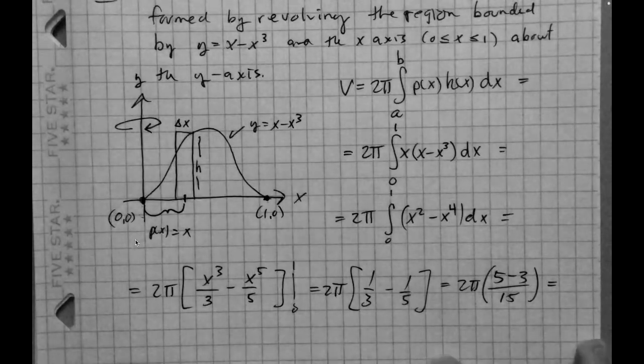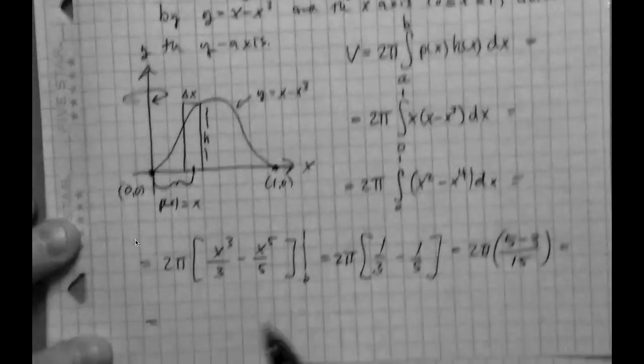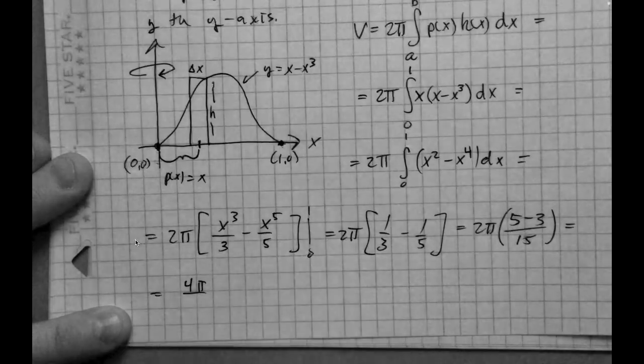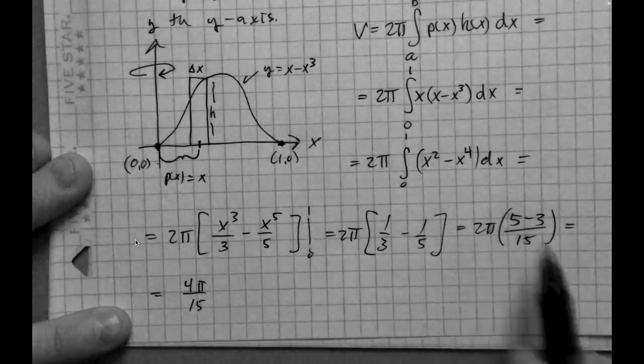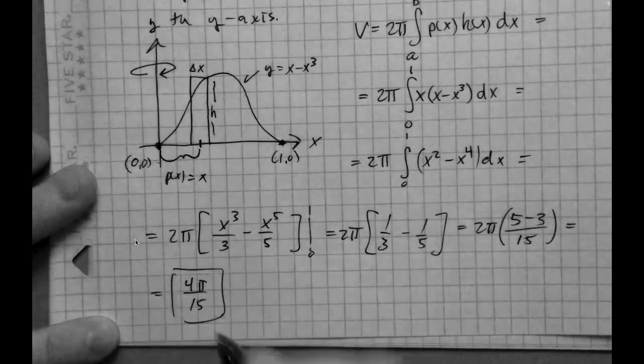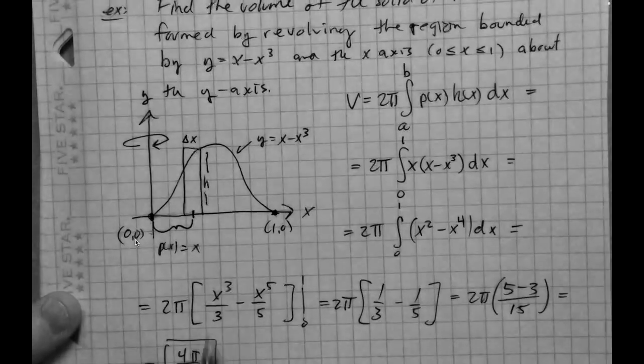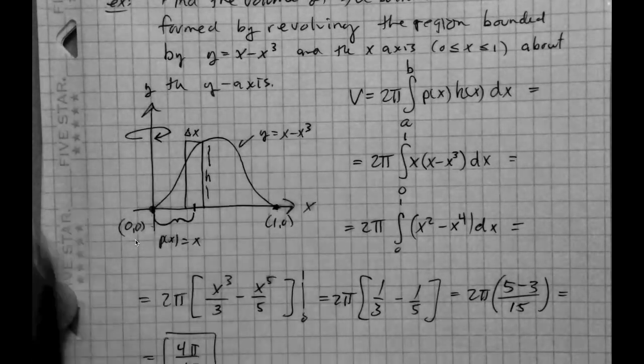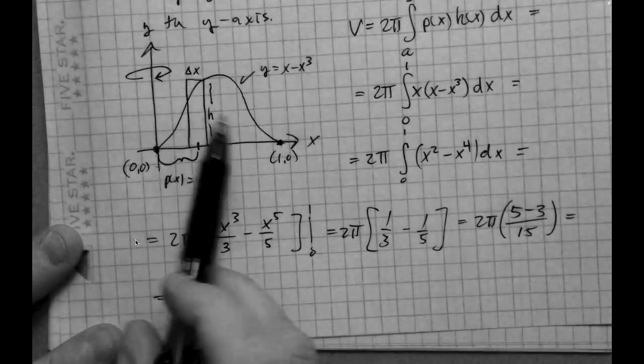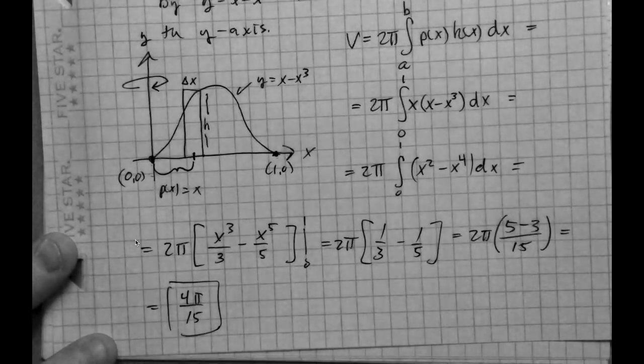And so I believe you get 4 pi over 15, right? So 2 times 2 is 4. That is the volume of this thing here as it spins around the y-axis.